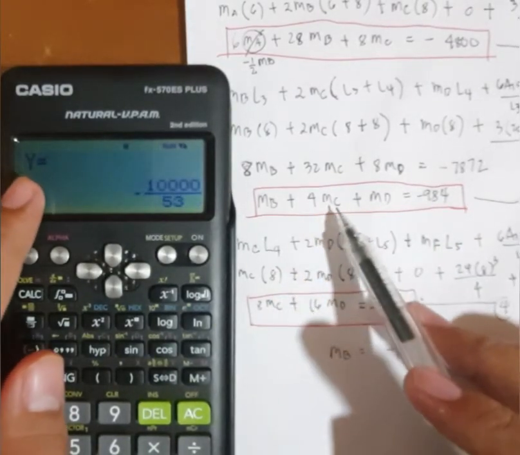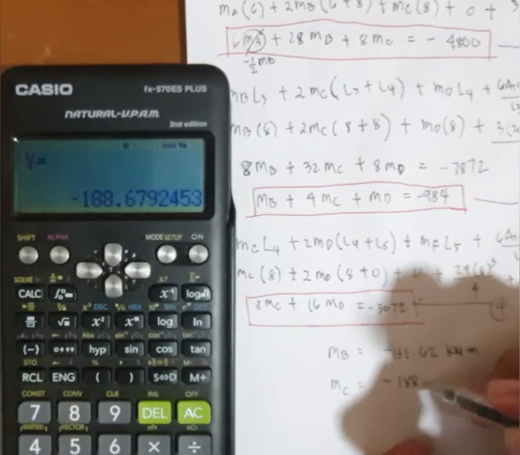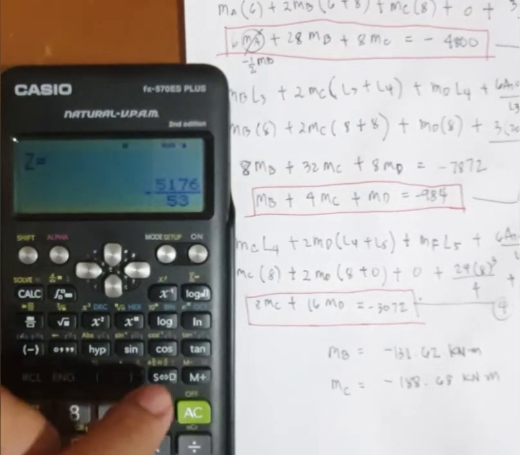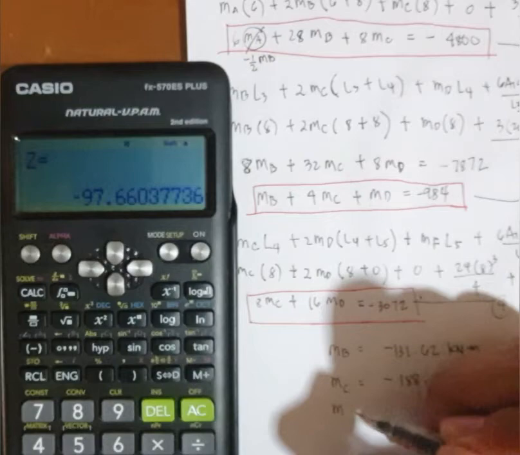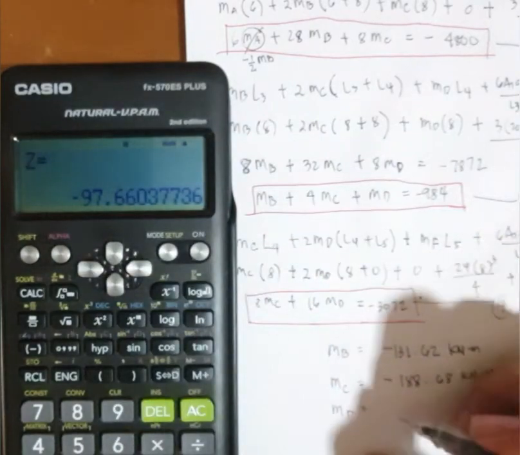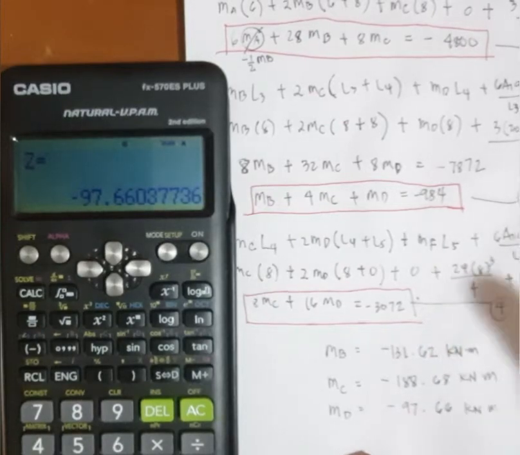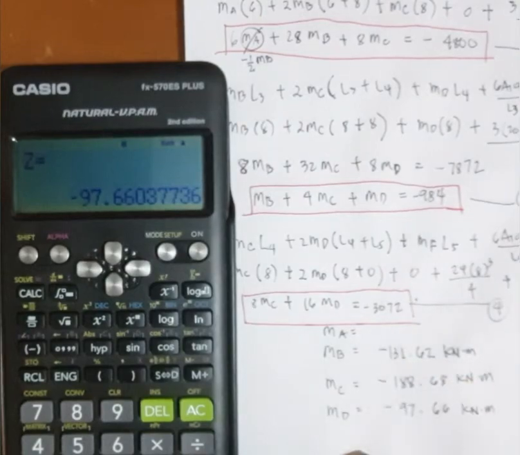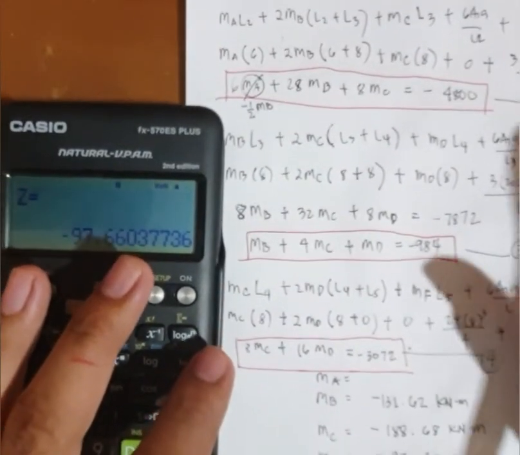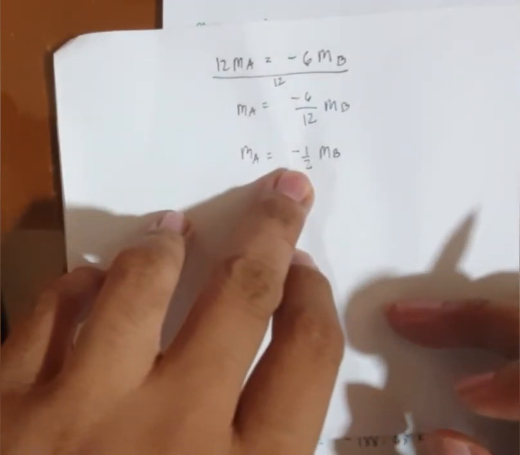Then Y stands for MC, and MD, which is Z in our calculator, is negative 97.66 kilonewton meter. For MA, MA is negative 1/2 MB.